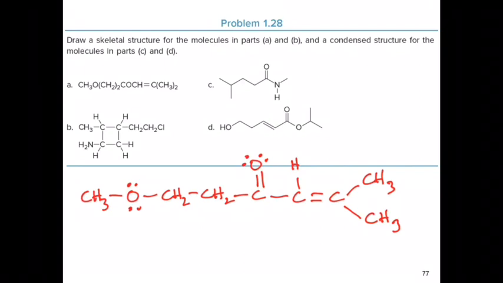So the question here is draw a skeletal structure. So this basically is the Lewis structure, and now we have to turn this into a skeletal structure, not showing the hydrogens or the carbons. So we have an oxygen with 2 lone pairs bonded to a carbon and then another carbon here.